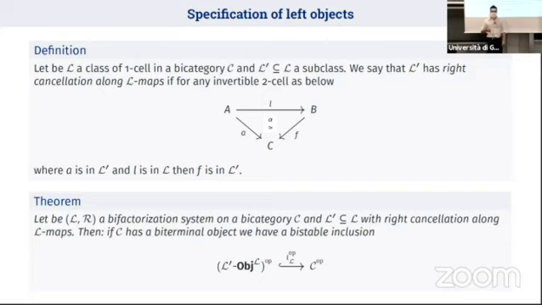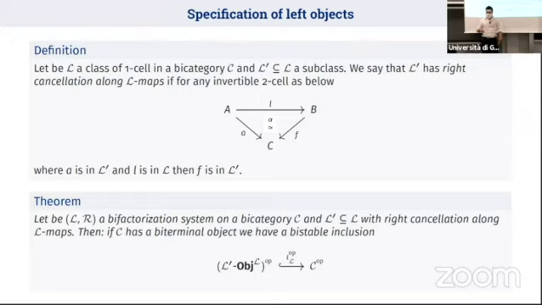You can do this if your class of specified left maps has a kind of right cancellation property along left maps, which is that if you have an invertible two-cell as below, with a decomposition of a specified left map as an ordinary left map followed by a third map, then the third one must be a specified left map.